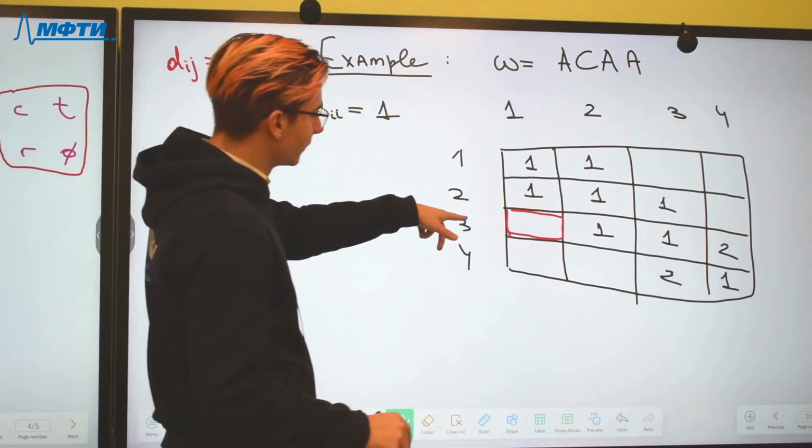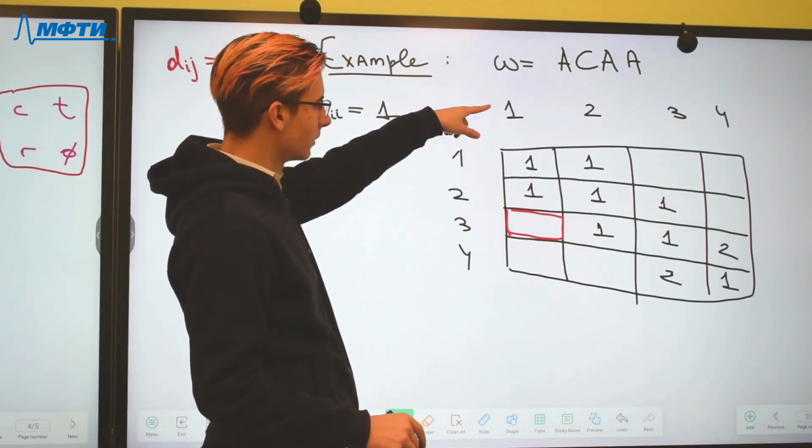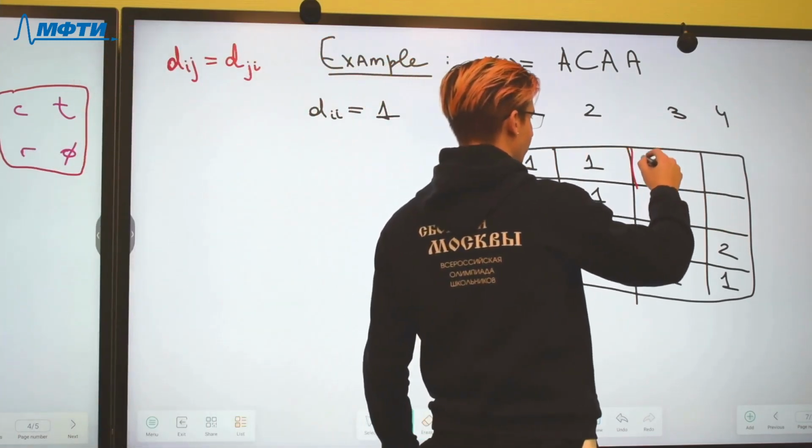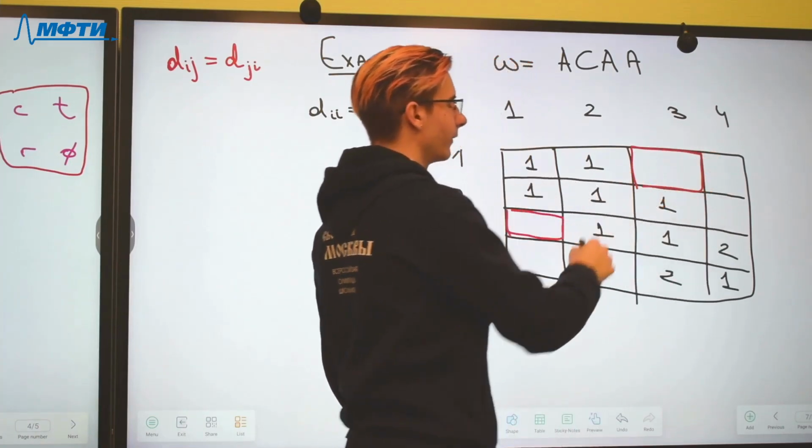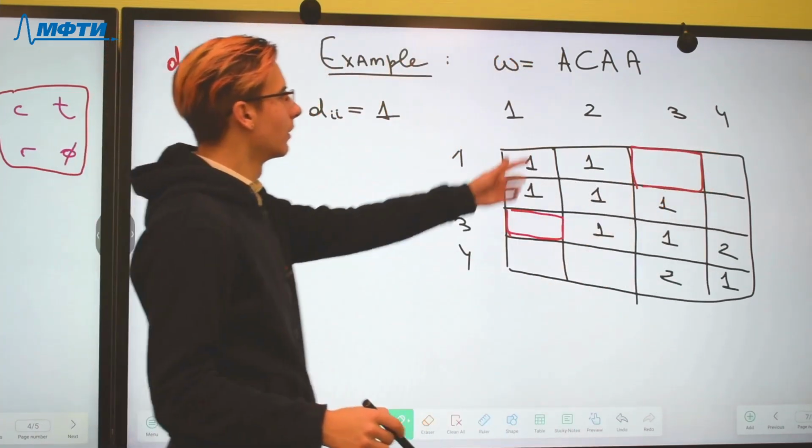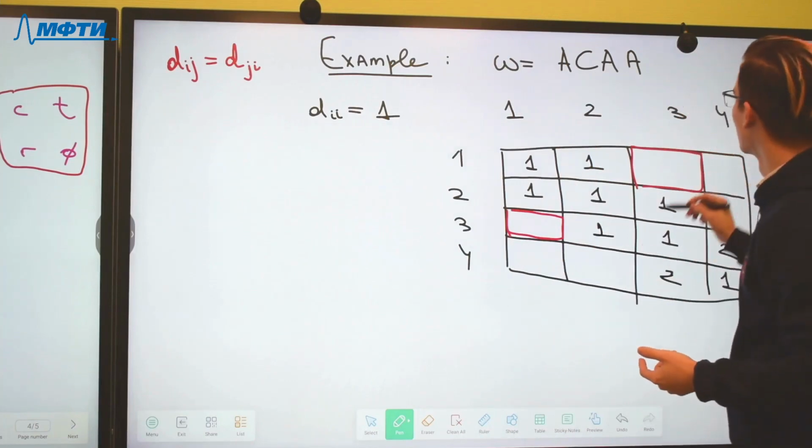So, for example, D with index 1 and 3. 1 and 3.